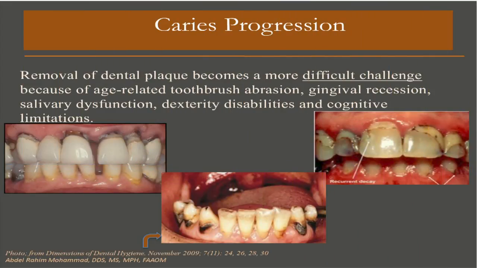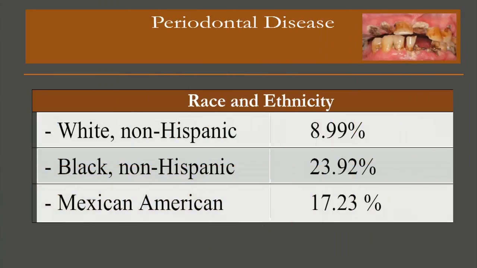In addition, removal of dental plaque becomes a more difficult challenge because of age-related toothbrush abrasion, gingival recession, salivary dysfunction, dexterity disabilities, and cognitive limitations. As can be seen in this chart, the incidence of periodontal disease varies from race to race.